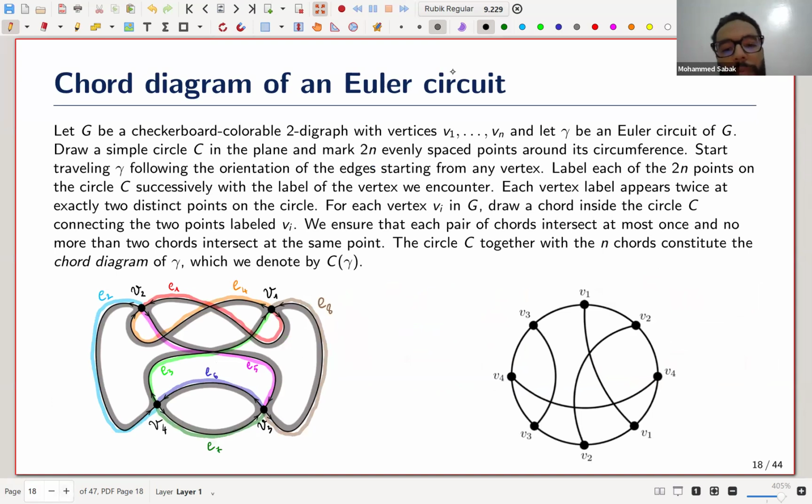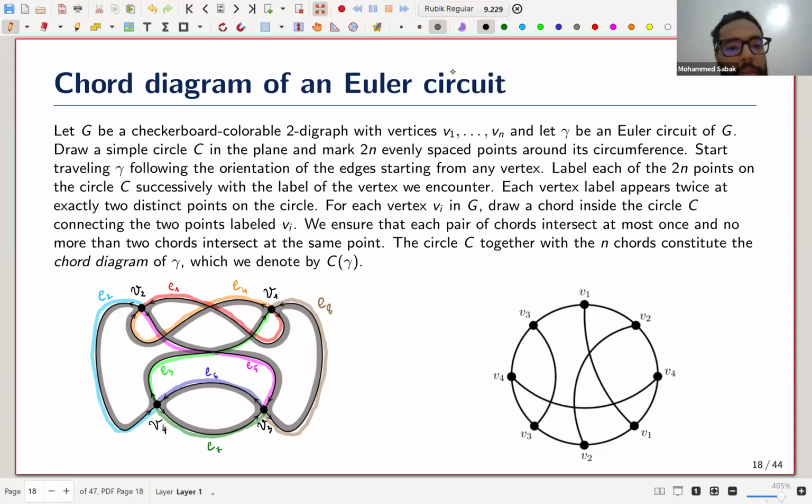So in addition to the state, we can associate to an Euler circuit what is called a chord diagram. It is actually very simple. You take a circle and you put two unevenly spaced points around its circumference.